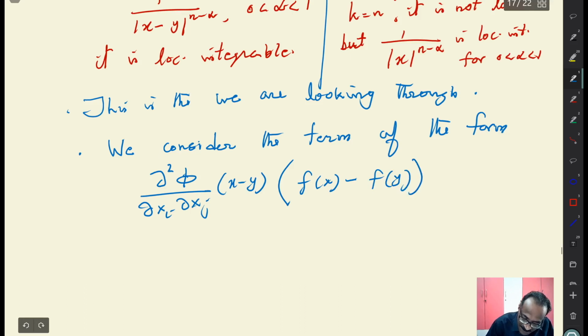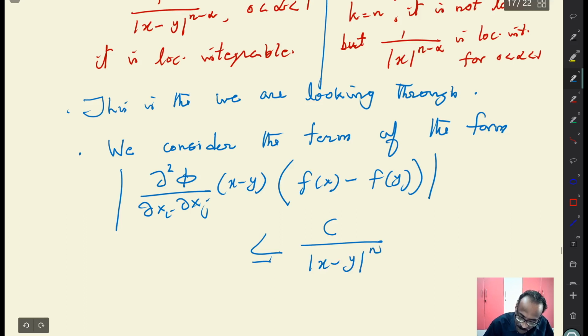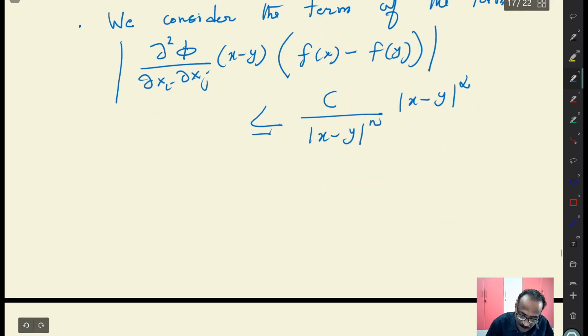If you try to estimate this, this will give you some constant by mod x minus y power n, and this gives mod x minus y power alpha, which is the same as constant by 1 by mod x minus y power n minus alpha.